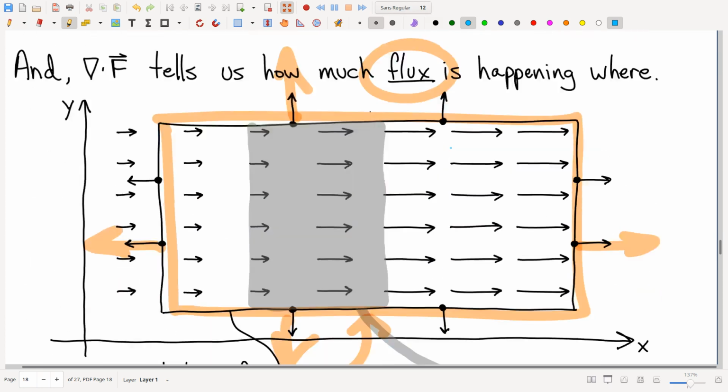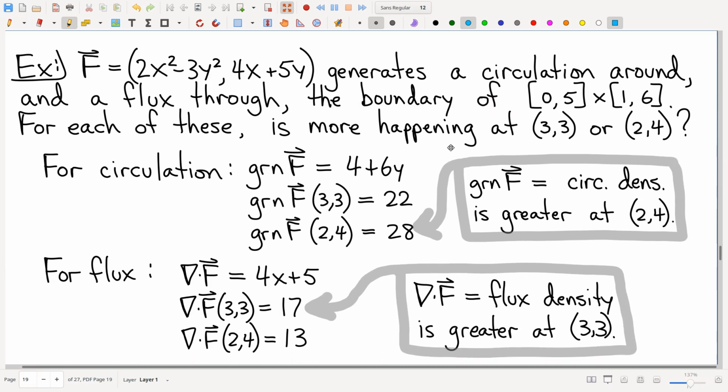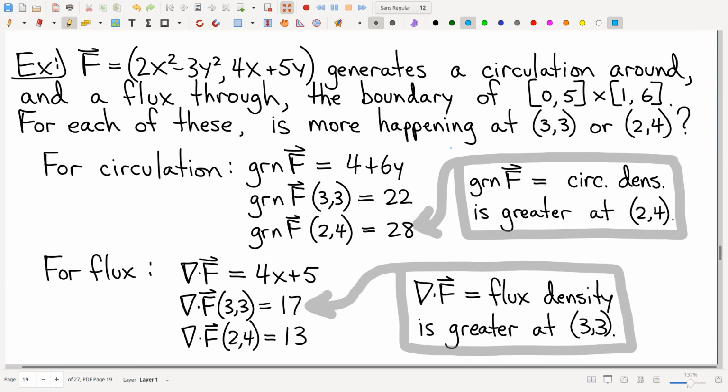And likewise, totally analogously here, given a vector field in a rectangular box, looking now at these 2 points inside of the rectangular box, of all of the flux that's happening on this box, is more of the flux happening near this point, or is more happening near this point?